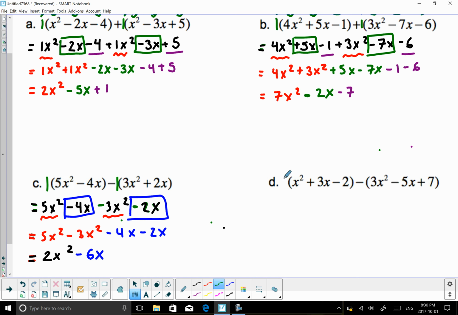So again, remember there's an invisible one here. So I'm going to multiply 1 times everything. That's what I'm doing. Distributive property. So we're going to multiply 1 times x squared is just x squared. 1 times positive 3x is positive 3x. 1 times negative 2 is negative 2. Negative 1 times 3x. So here this is a negative, so that becomes a negative 3x squared.